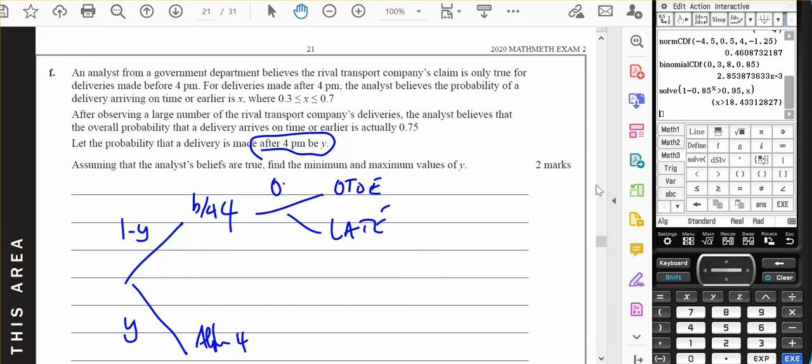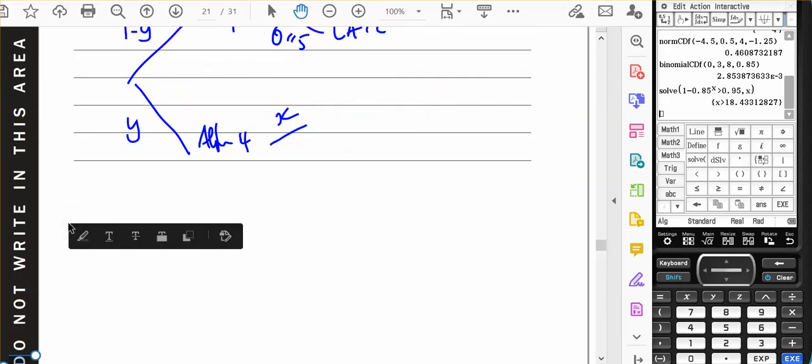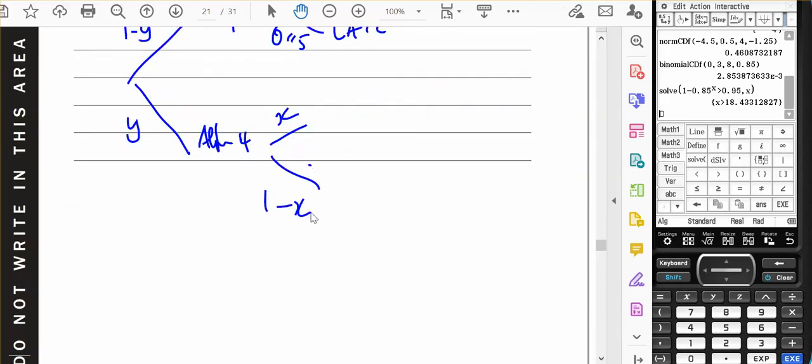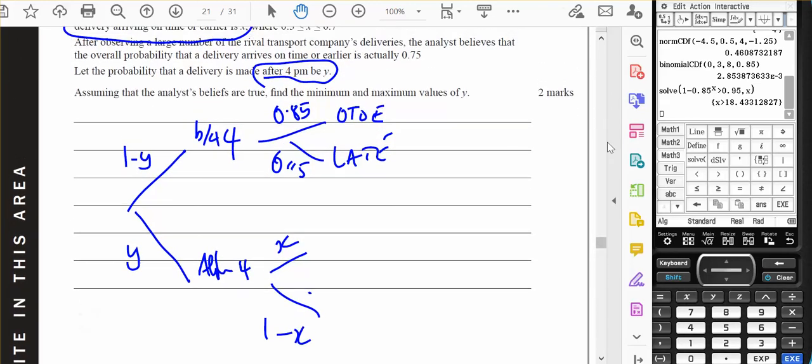And I know that's 0.85 from the previous page. And I know that the probability of on time or earlier if you are before 4 is 0.85, if you are after 4 is x, and 1 minus x for late. So I've got my tree diagram happening.